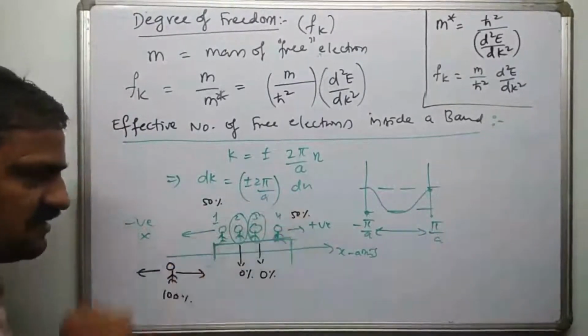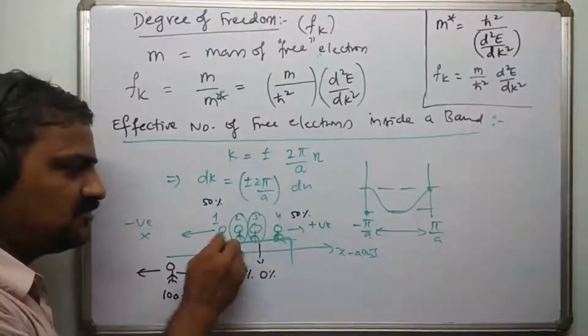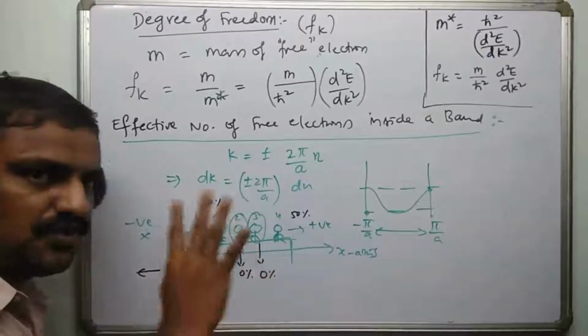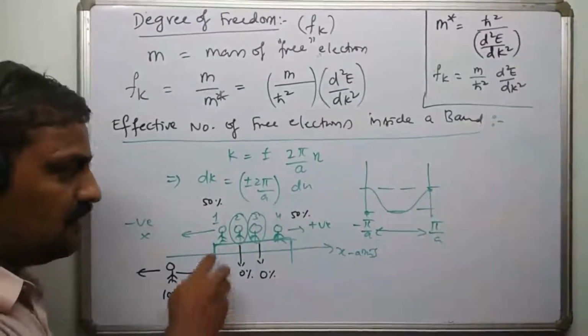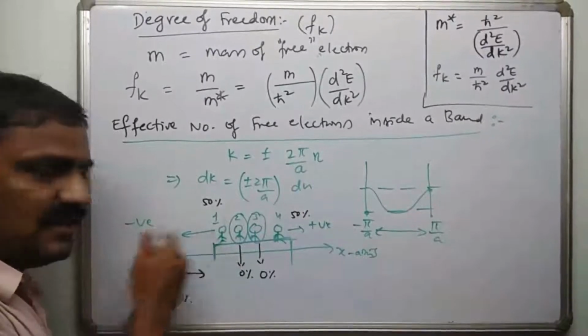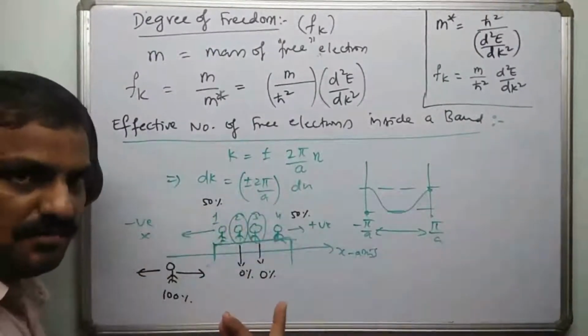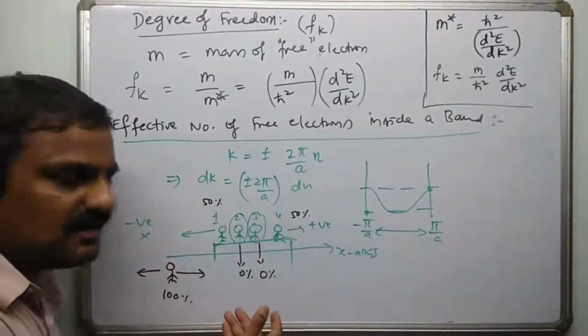And if I consider this class and ask how many electrons are there, imagine that these 4 are electrons. Instead of students, you call them electrons. So there are 4 electrons, but how many are effectively free? Because only this is free with 50% freedom and this is free with 50% freedom. The two are literally bound. Though they are electrons, they don't have any freedom to take part in electrical conduction.